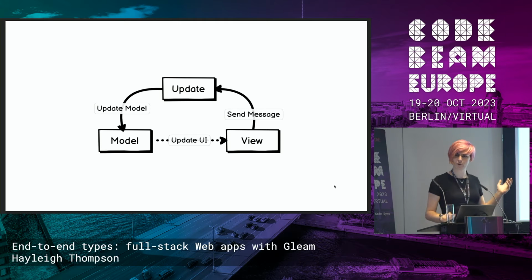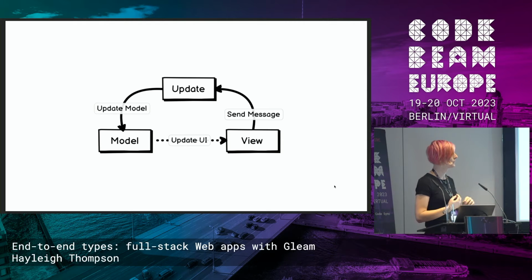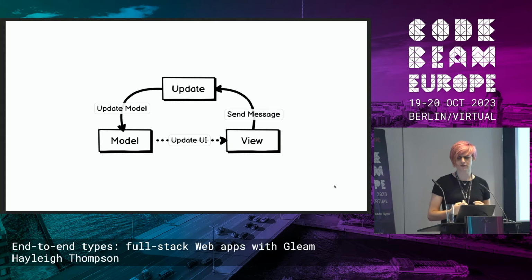We have some sort of model which represents our application state. We render that to the DOM as our view. We have a function to render that. As the user interacts with our web page, they produce events which emit messages, and those messages go to an update function that takes a message and the old application state and then returns a new one. And this loop goes round and round.